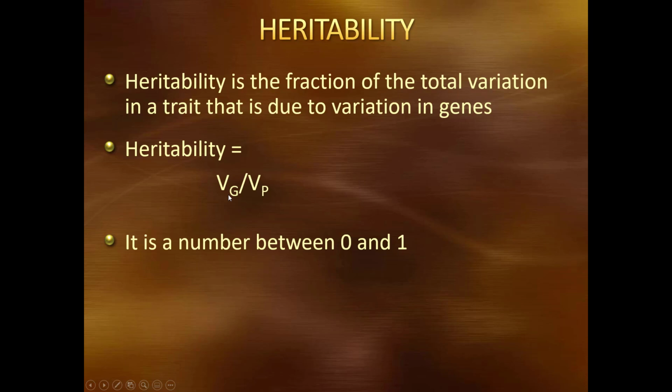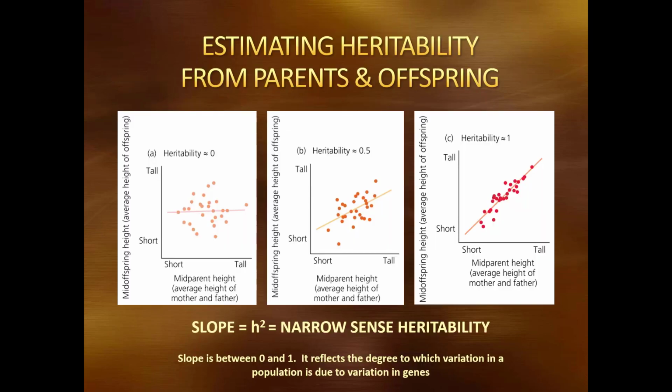If there was no genetic component whatsoever, which is hard to imagine, it would be 0. And if it was entirely genetic, which again is a little hard to imagine, then it would be 1. So if none of the differences you found between individuals had anything to do with genetics, it would be 0. If it was entirely genetics and no environmental component, then it would be 1.